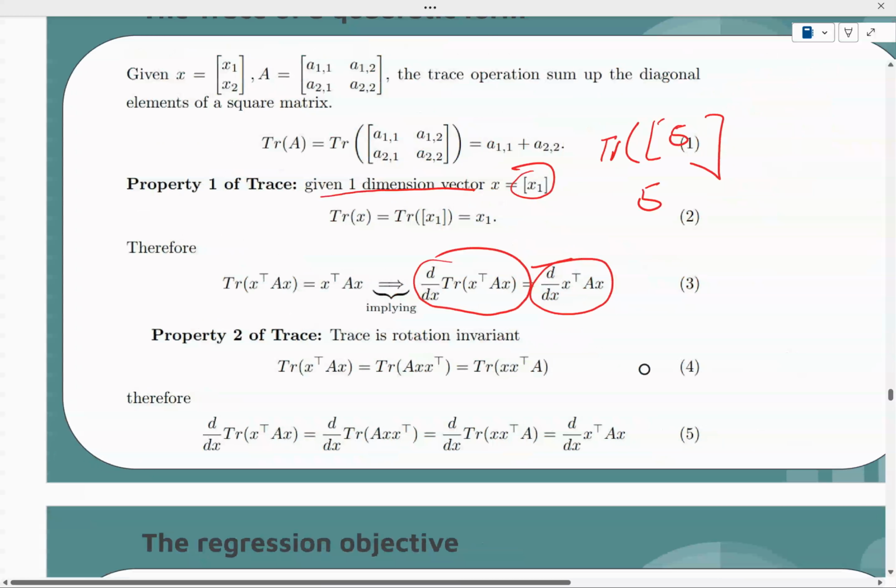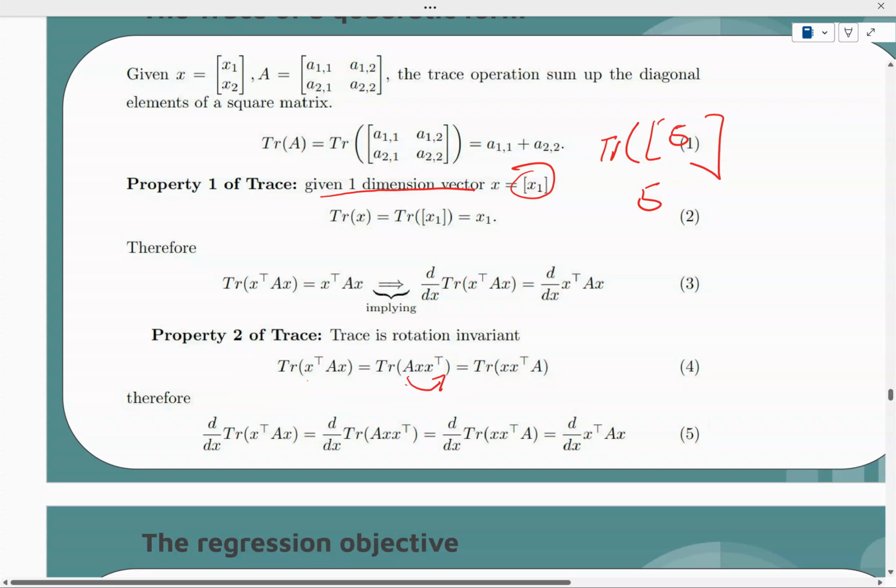What makes this interesting is the second property we're going to learn: trace is rotation invariant. What that means is, if you were to rotate this right here, it's actually equivalent. And then you can rotate again, put the A right here.